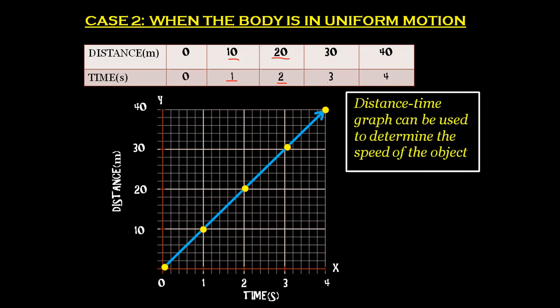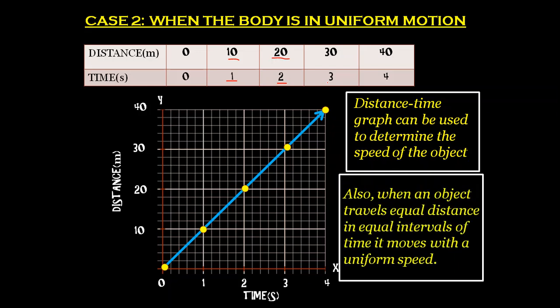Distance time graph can be used to determine the speed of an object. In next slide, we will determine the speed. And the second point is also when an object travels equal distance in equal interval of time, it moves with uniform speed. Means जब object equal distance travel करता है equal interval of time में तो वो uniform motion में होता है और उसकी speed भी uniform ही होती है.